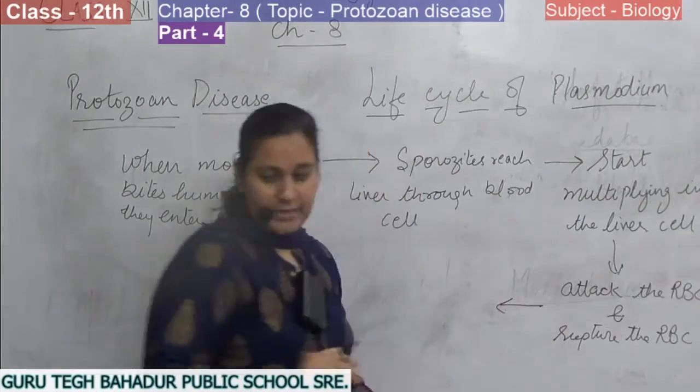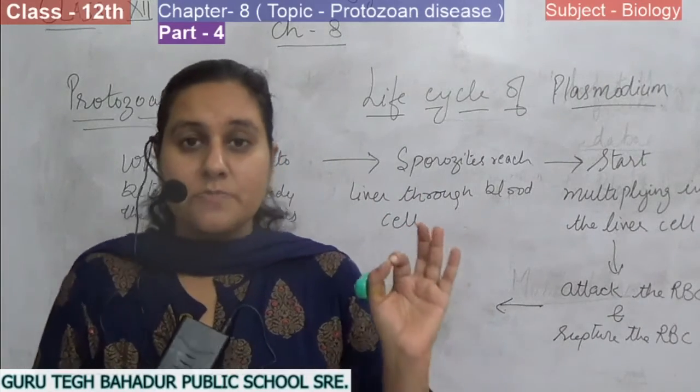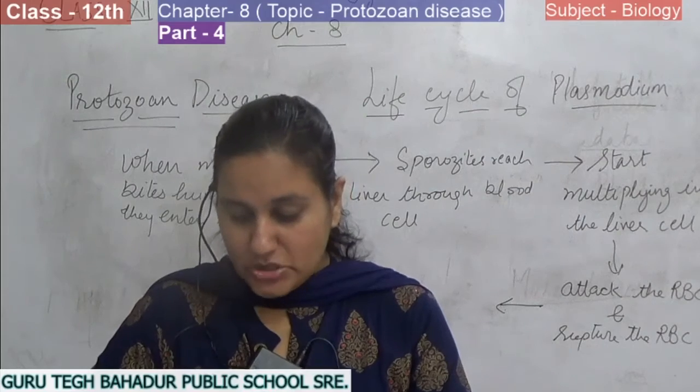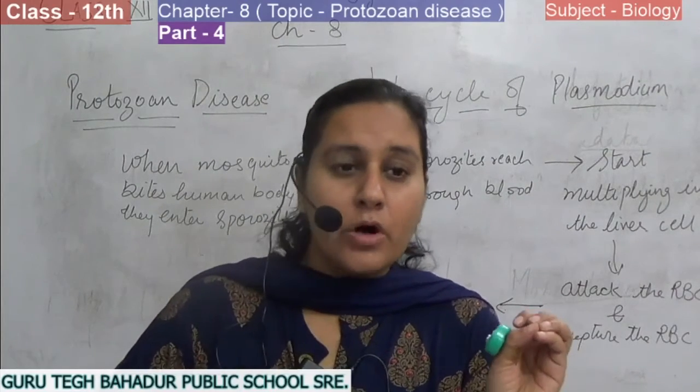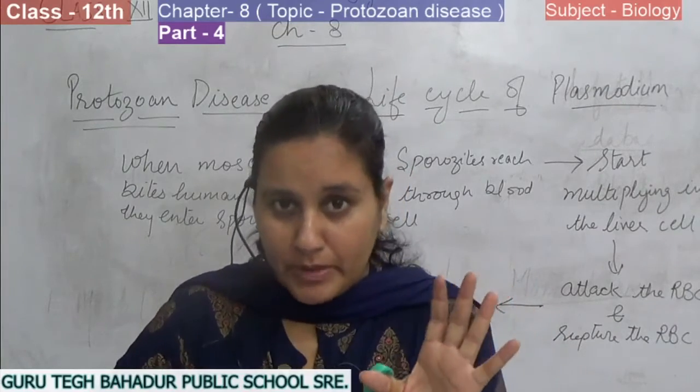After attacking the RBCs, they release a toxic substance known as hemozoin, which is responsible for the chills and the fever that are caused by malaria.